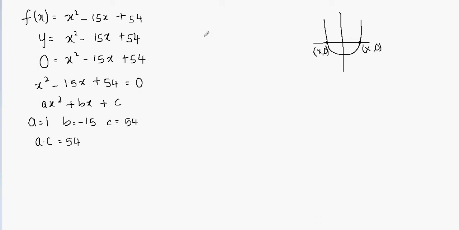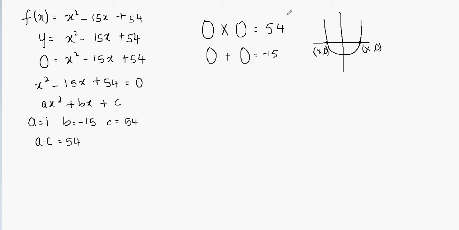We need to think of two factors which, when multiplied, give me the product of the first term and the last term, which is ac, 54 in this case, but when added should give me the middle term, which is negative 15.